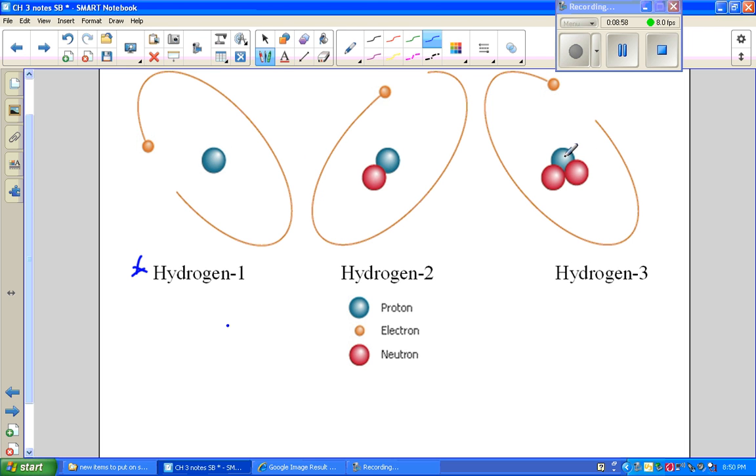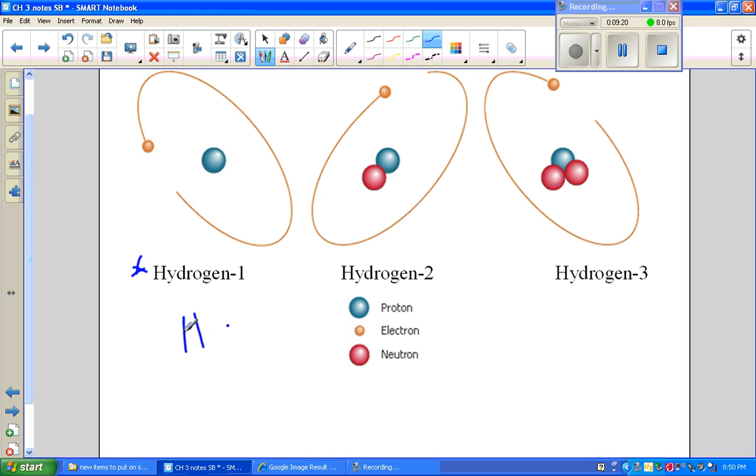That better not change because I have hydrogen. The atomic number cannot change. Number of electrons, 1, 1, 1. Here again, that can't change, otherwise it's not going to be neutral. Now here's my neutrons. You can see in the first part, the neutrons do not even exist. Here I have 1 and here I have 2.